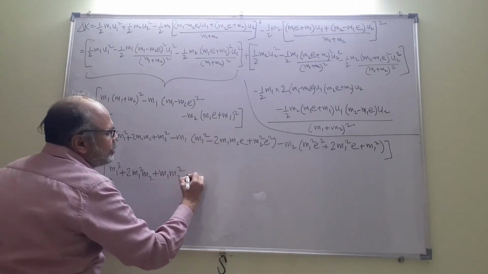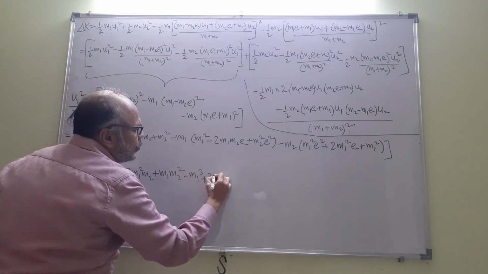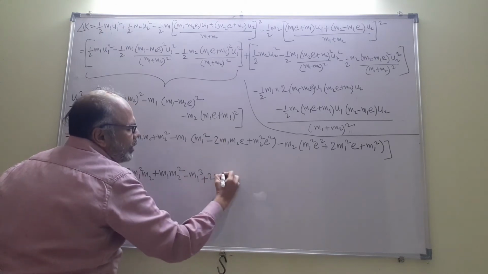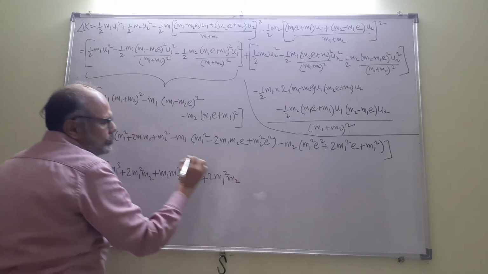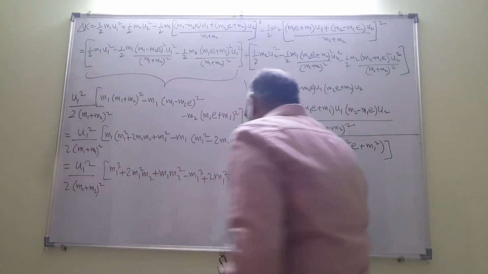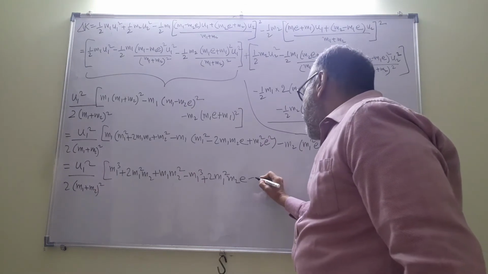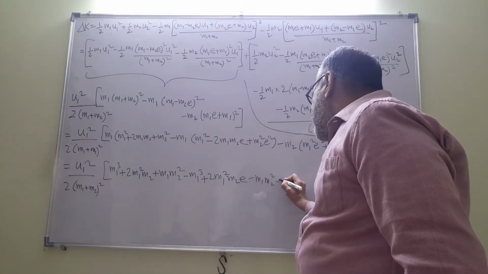Let's multiply this, minus m1 cube plus 2 m1 squared into m2 into e, and you will have minus m1 m2 squared e squared.